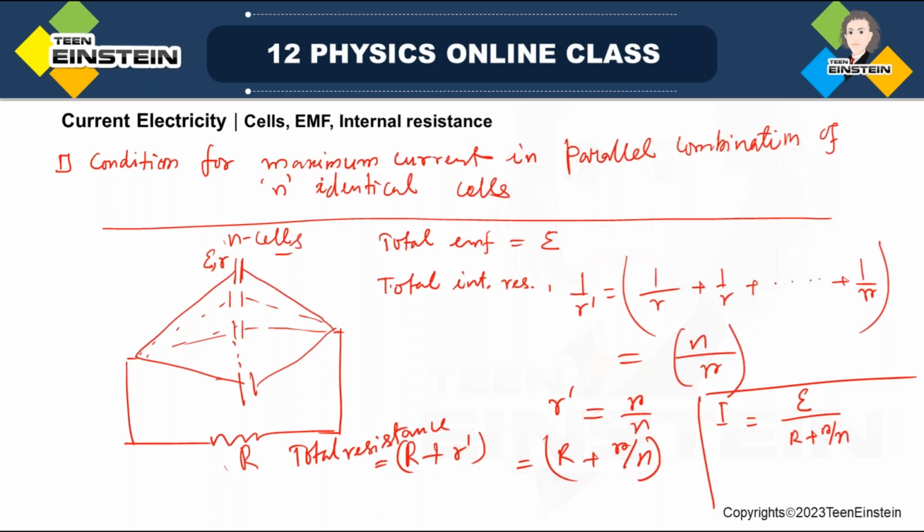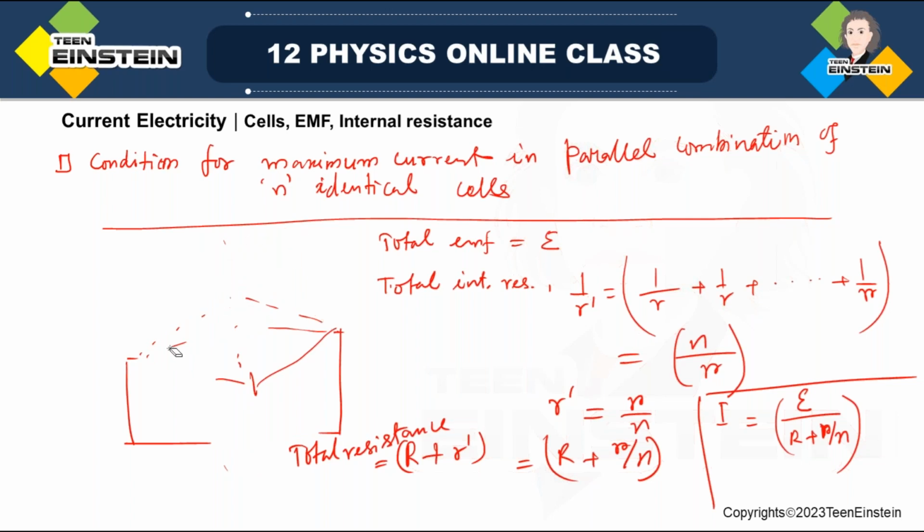I need this expression, and the rest of the things you have already heard, so I can remove some parts. I need to find the condition for maximum current in the circuit in case of parallel combination. I hope you have got the figure in your mind now.